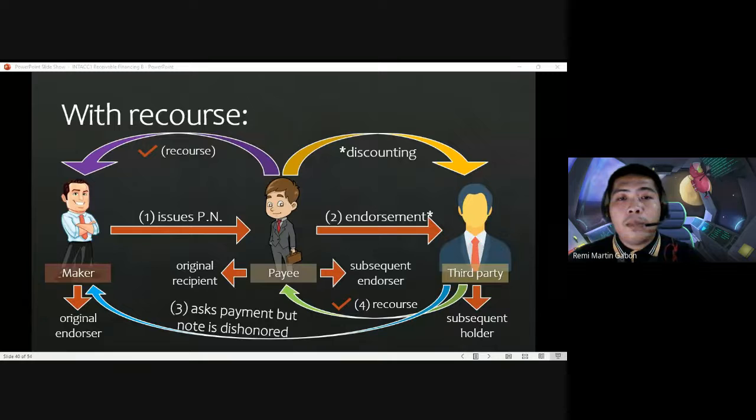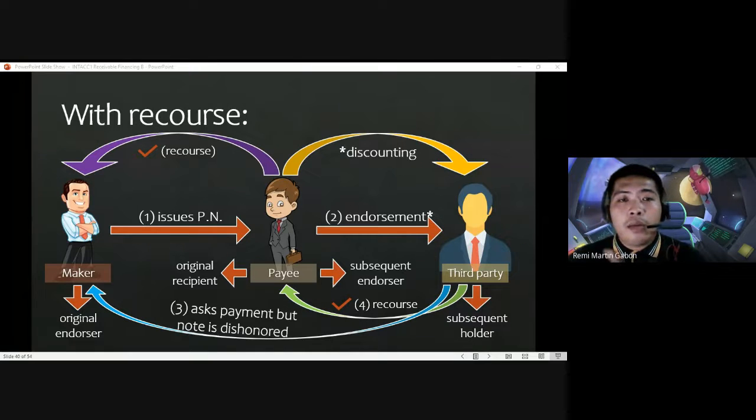What will the third party do when the promissory note matures? The third party will not go directly to the payee. The third party will go directly to the maker, because in fact the maker's name is in the promissory note.